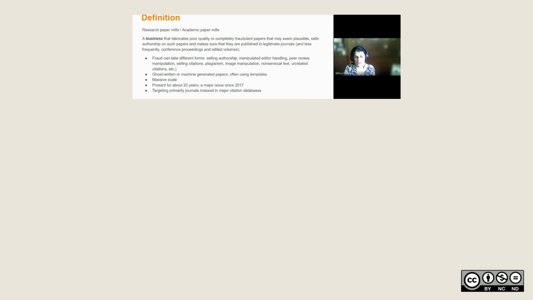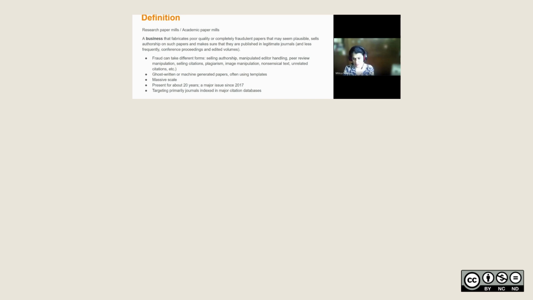These are companies that fabricate research of poor quality, or sometimes even completely invented, fraudulent, fabricated data. But this content may seem plausible. And it's been argued whether they are relying mostly on AI or ghostwriters. So far, according to the data available, it seems that they rely mostly on ghostwriters, people who might have relations to the disciplines that they are writing about.